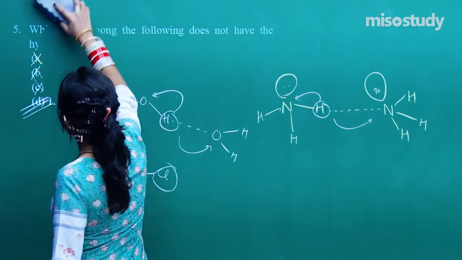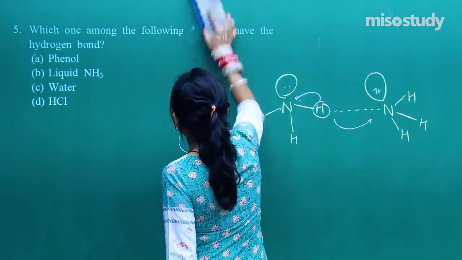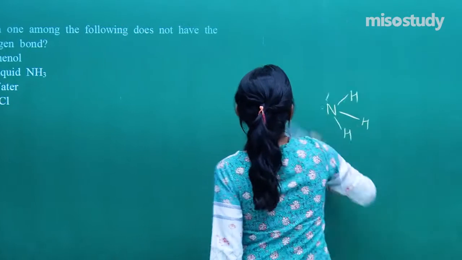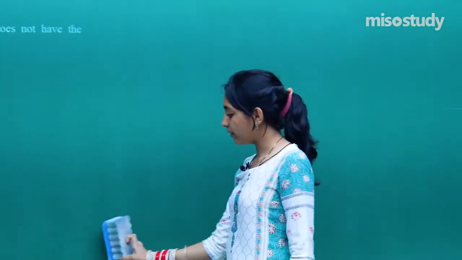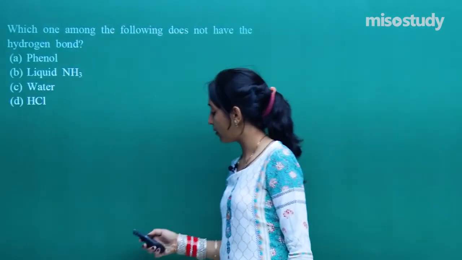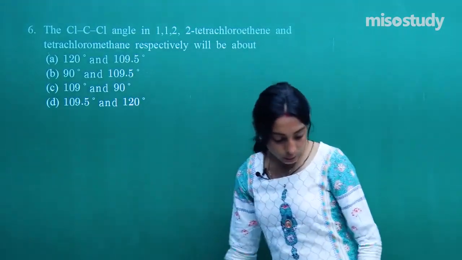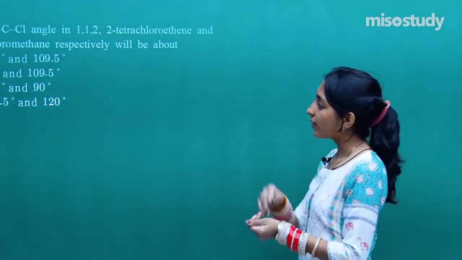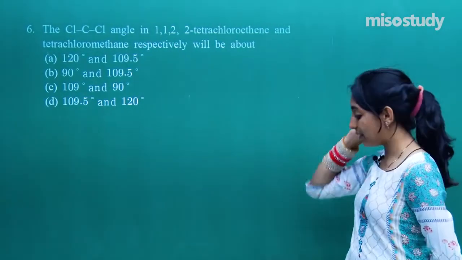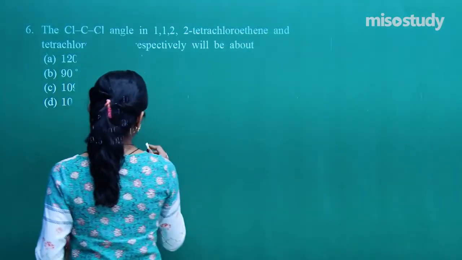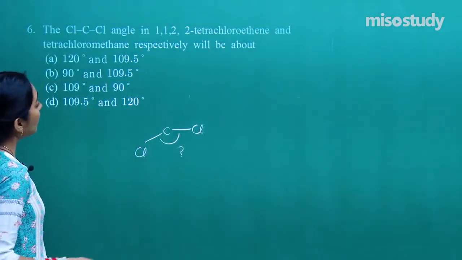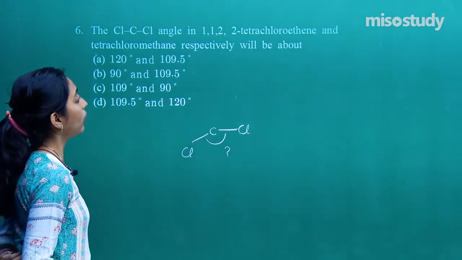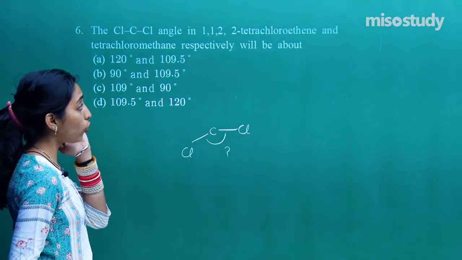Now, having done this one, let's move on to the second part, which is question number 6. Give me a minute, let me just clean the board, then we will move on to question number 6. So, here in question number 6, the question says the Cl-C-Cl, that means he is talking about chlorine, carbon, chlorine, angle in 1,1,2,2-tetrachloroethene and tetrachloromethane.